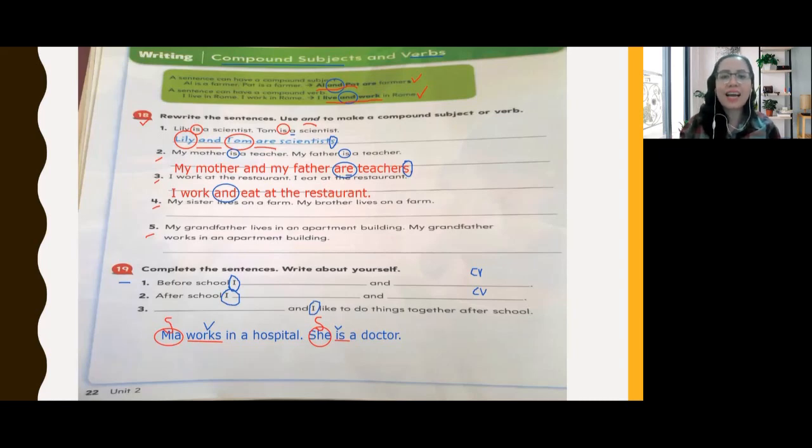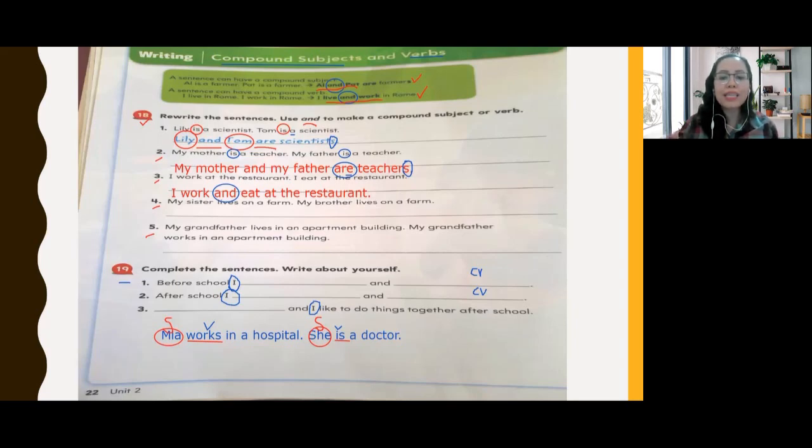Di sini tidak hanya I atau kamu yang suka melakukan hal-hal bersama setelah sekolah, tapi juga ada pribadi yang lain. So you can fill in, it depends on you, ya. Maybe you may add your father, your mother, your sister, your brother, or your cousin. Depends on you. You have to be creative, yeah.